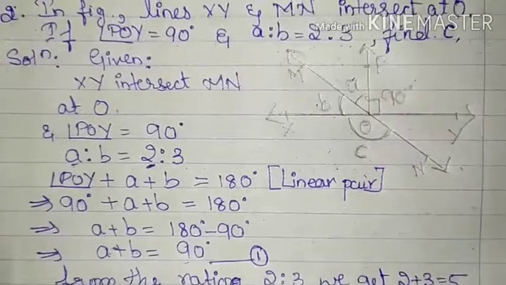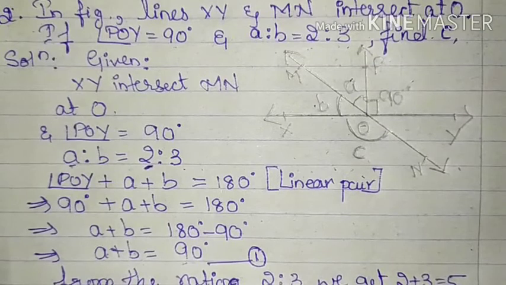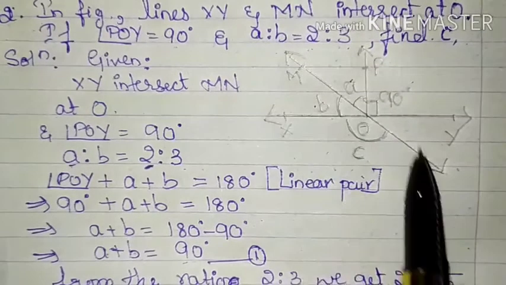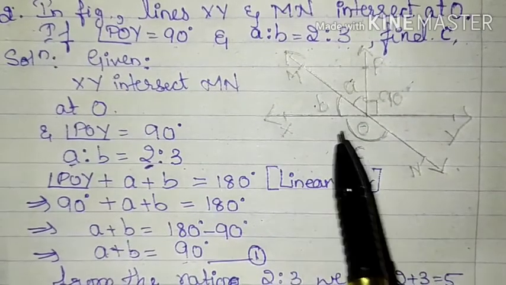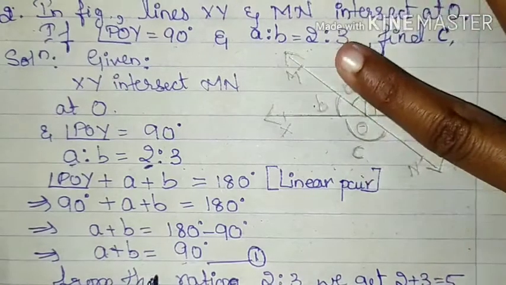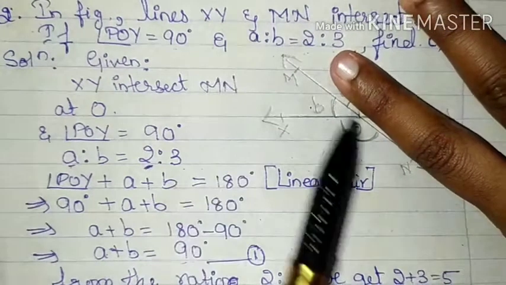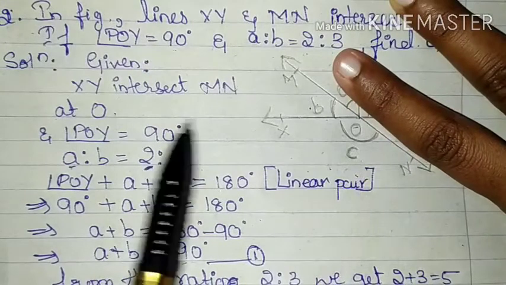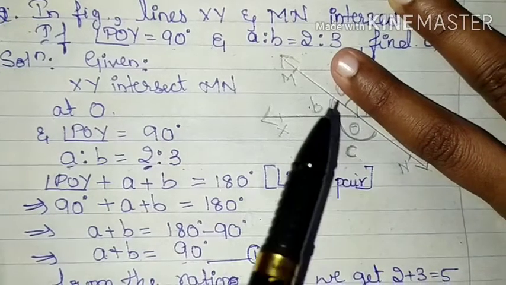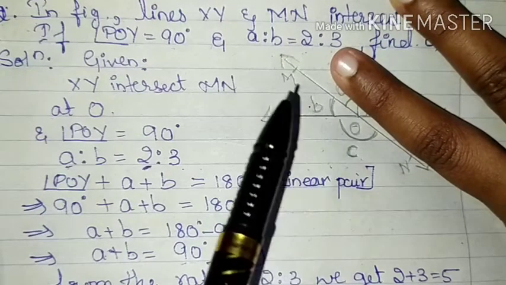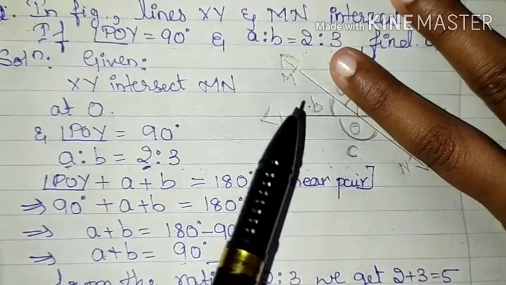Now if you look at the figure, MN is a line and OX is the ray standing on it. Neglecting this whole right part, MN is the line and OX is the ray standing on top of it. So angle B and C form a linear pair.